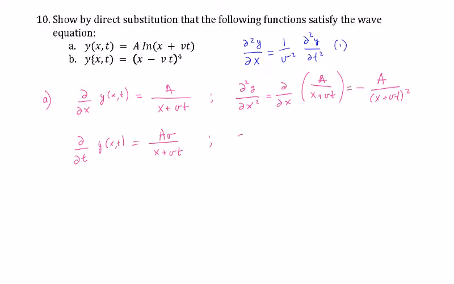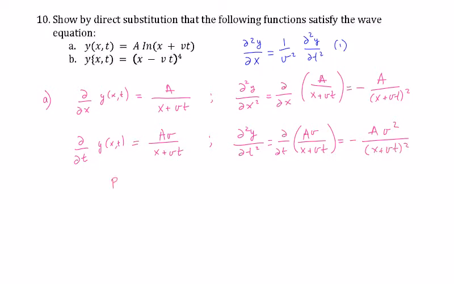Taking the second degree derivative of this function by t, that is to say d dt of that, will give me a value of negative a v squared over (x plus vt) squared.